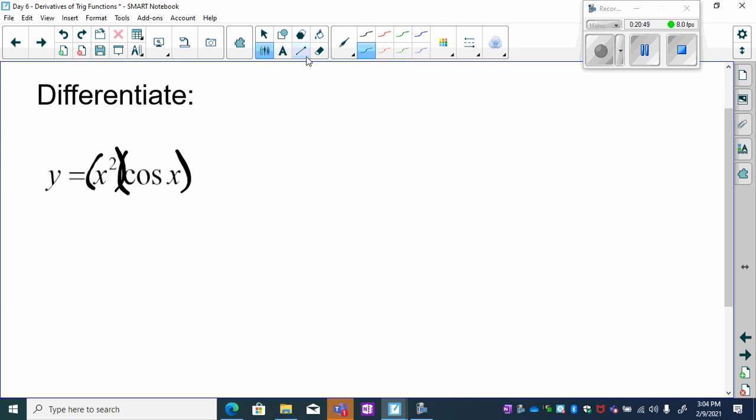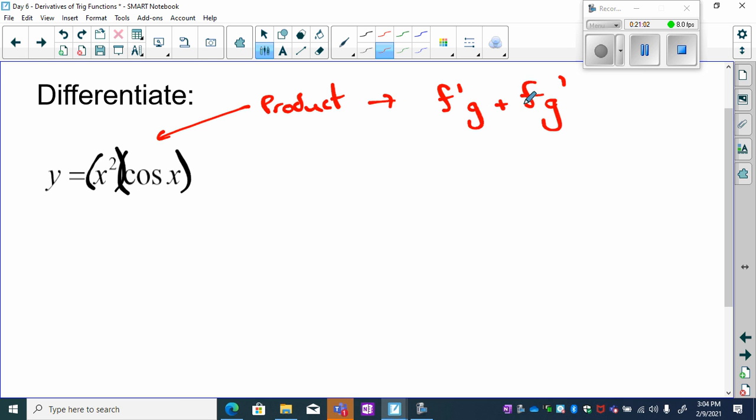Okay. Remember the product rule. So this is a product of two functions. That means we have f prime g plus fg prime, or fg prime plus f prime g, however you want to write it. Okay? The derivative of the first times the second.